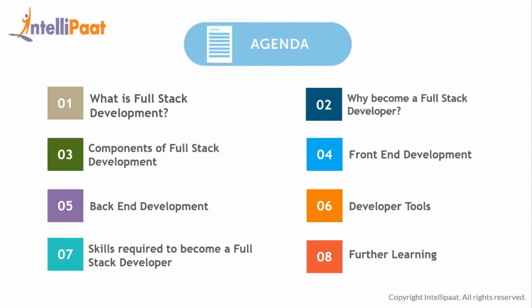Then we'll take a look at the tools that the full stack developers use to build full stack applications. Then we'll take a look at the skills that are required for you to attain to become a full stack developer. And at the end, we'll take a look at the resources that you can use to acquire the skills that we'll be taking a look at. So let's begin.